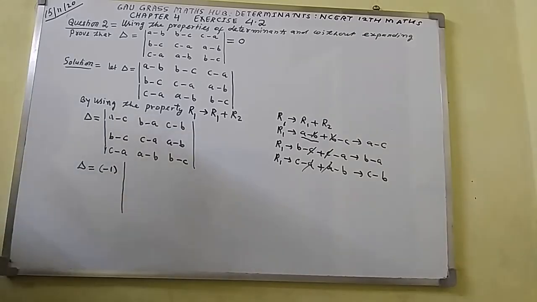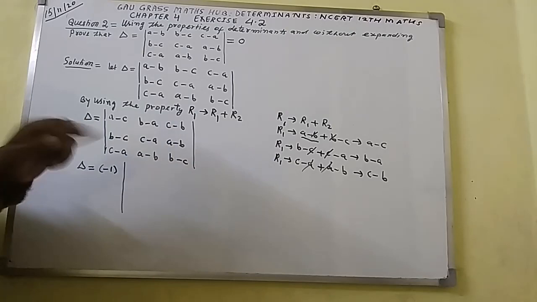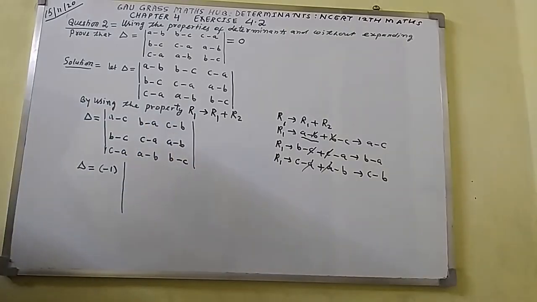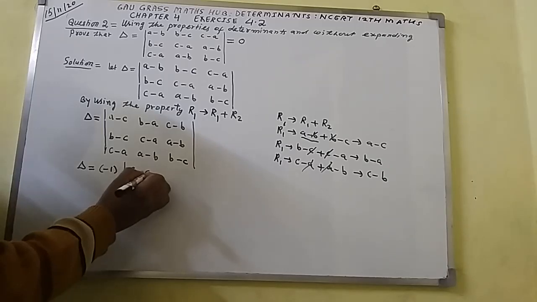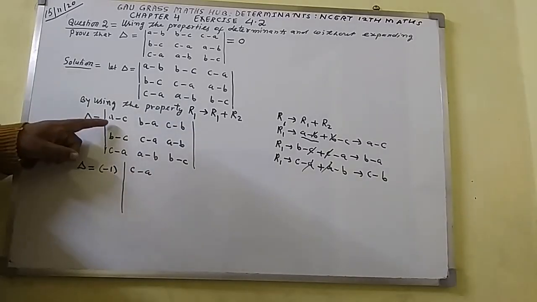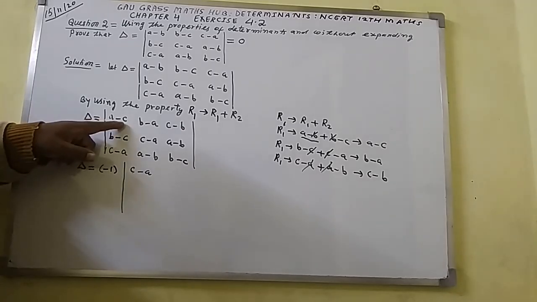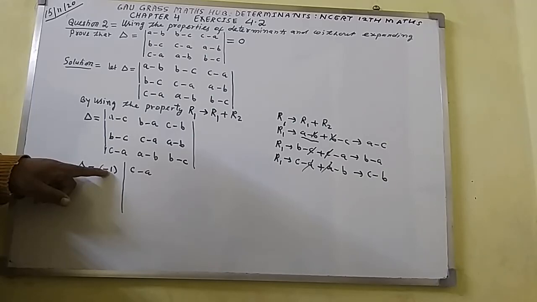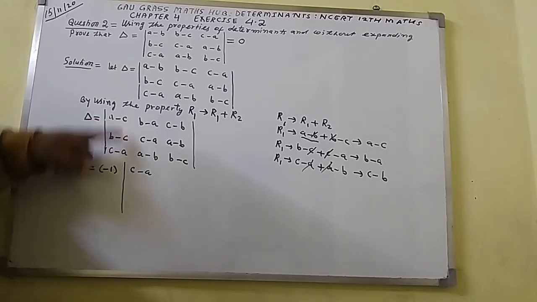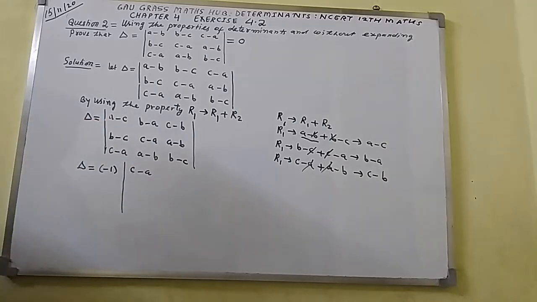Minus 1 I have taken common. So here changes will occur only in first row. The first row it will become C minus A, because from the element A minus C, I have taken here minus 1 as common. So this element will be converted as C minus A.